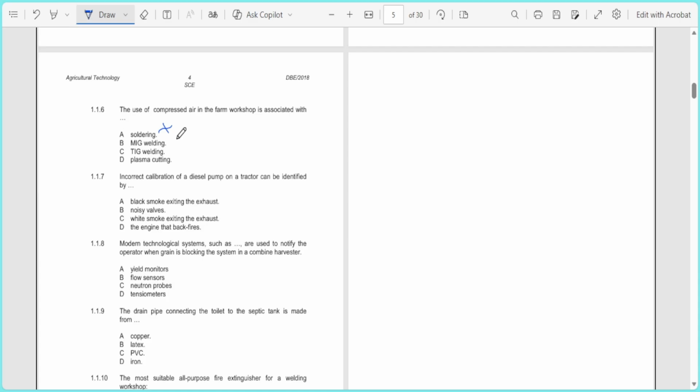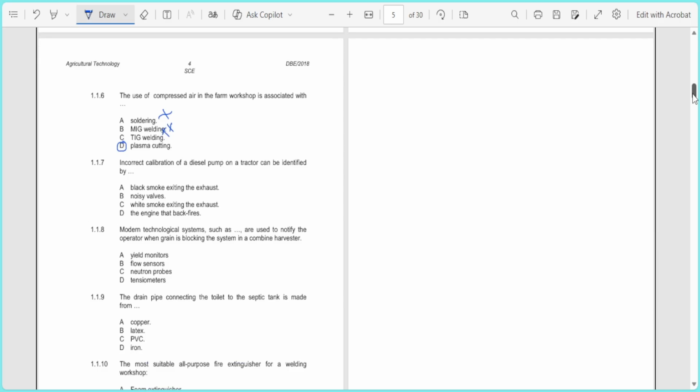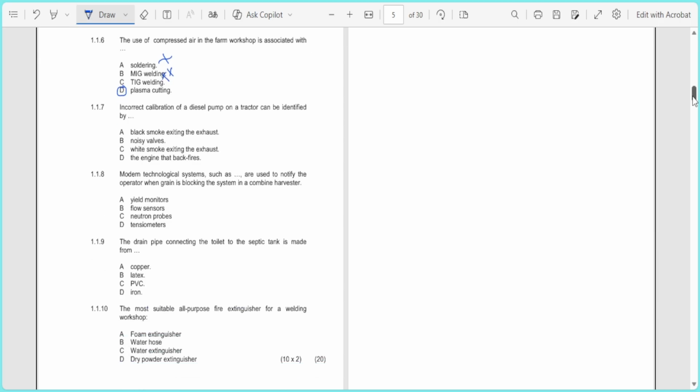So no compressed air is required with this one. So, MIG welding, you are out, buddy. What about TIG welding? TIG welding uses inert gas shielding only, so no. Compressed air goes to D, plasma cutting. So it makes use of compressed air in the farm workshop.